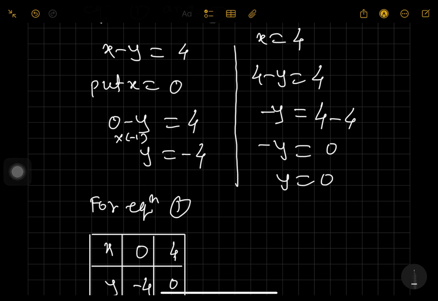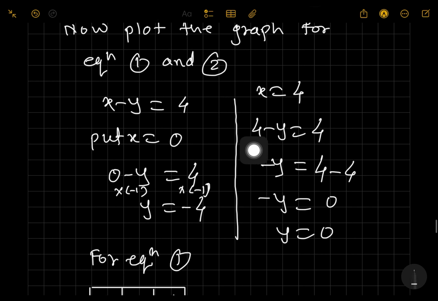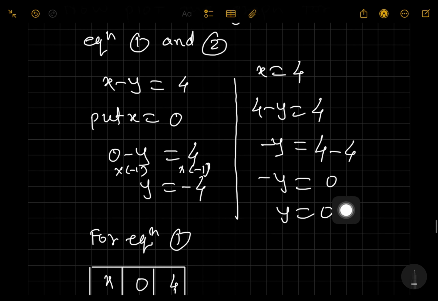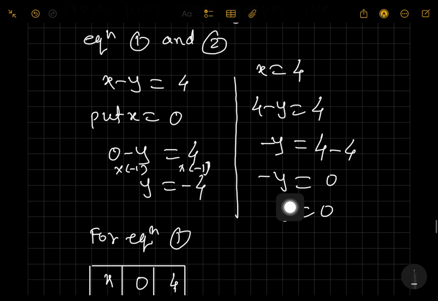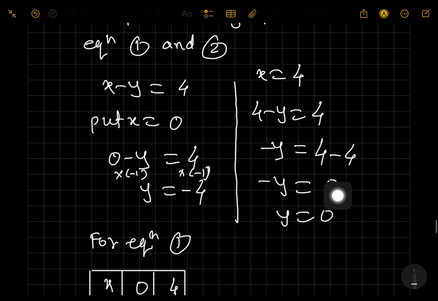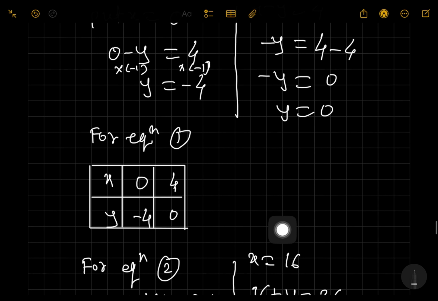Minus minus becomes plus, and 4 becomes minus 4. Then again, x equal to 4: 4 minus y equal to 4, and bringing the 4 over, it becomes 0. Minus y equal to 0 means y equal to 0.